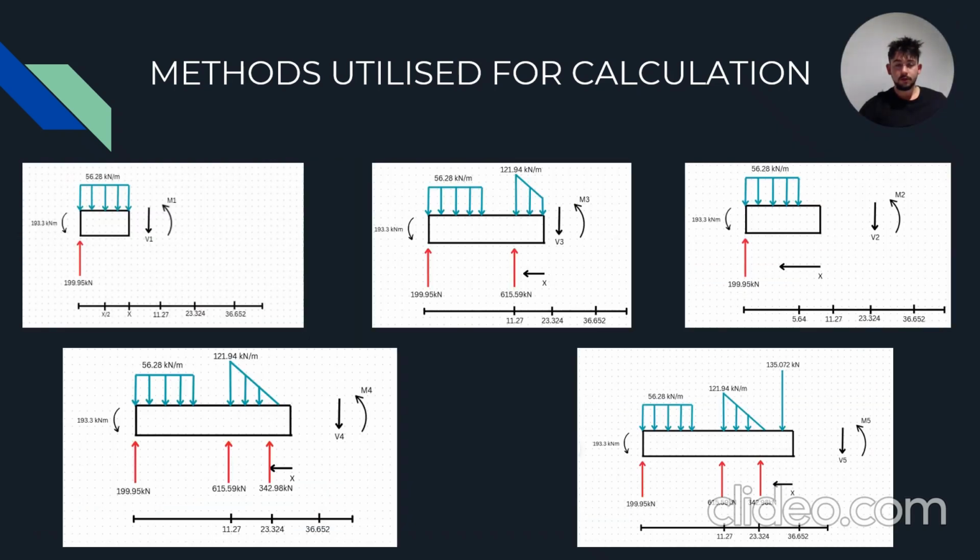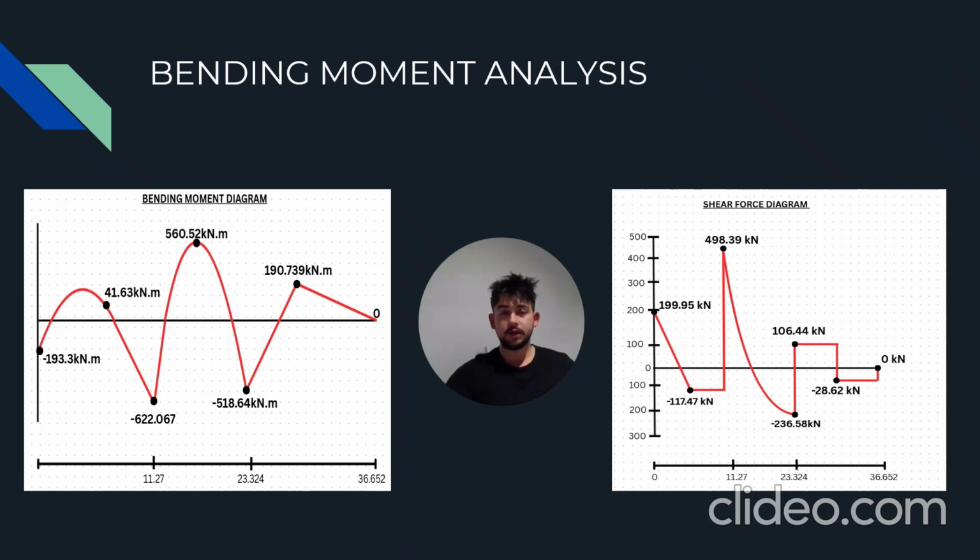Furthermore, the method for the calculation of the shear force and bending moment equations was done by doing 5 different cuts on the structure, as you can see here. And by doing that, we were able to find each and every shear force and bending moment equation, which then translates to the formulation of the diagrams. After the calculation of the 5 different equations, I was able to construct the shear force and bending moment diagram.